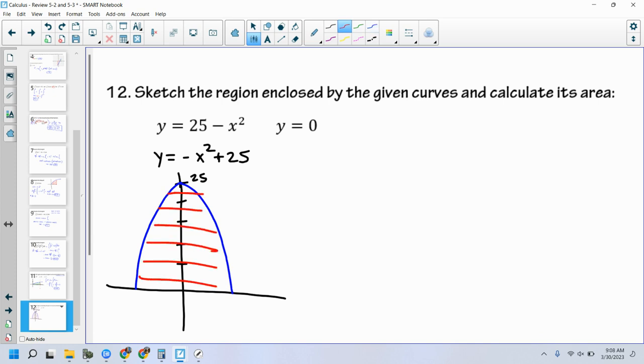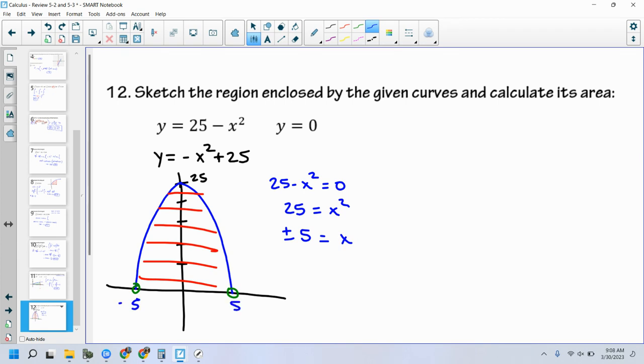That's the area that I'm trying to find. However, I don't know those coordinates. But can we find them? Oh yeah, that's super easy. Those are the zeros of that function. 25 minus x squared is equal to 0, so 25 is equal to x squared, so plus or minus 5 is equal to x.